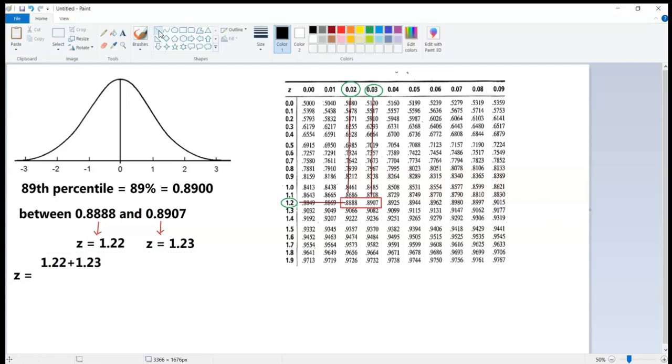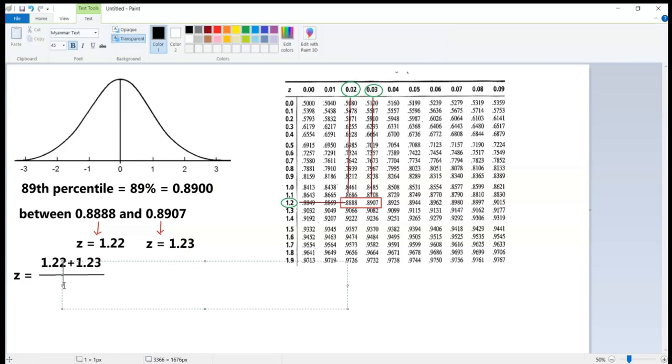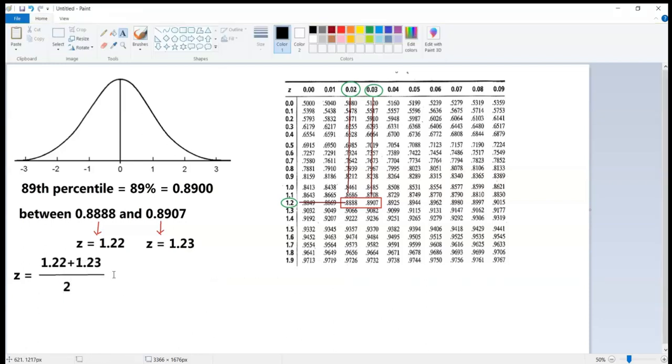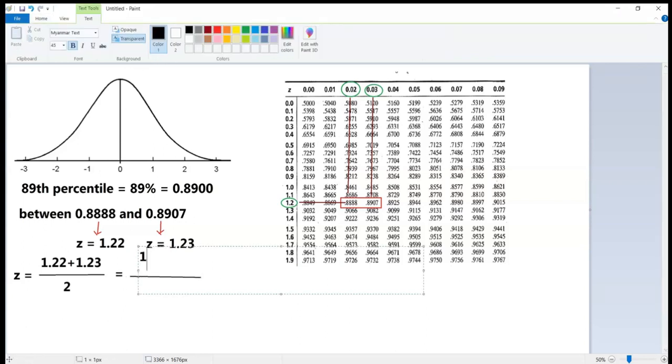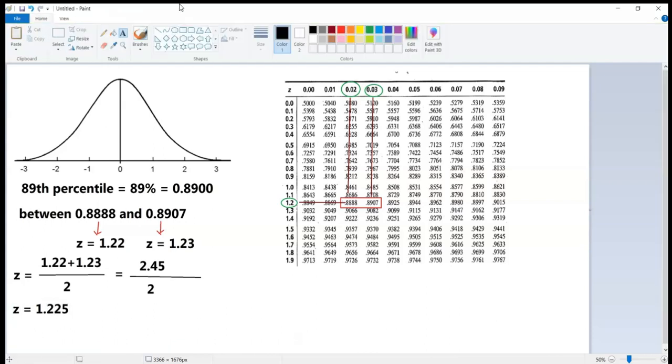We will just add 1.22 plus 1.23 and then divide it by 2. 1.22 plus 1.23 is equal to 2.45 over 2. Now let's simplify further. 2.45 divided by 2 is equal to 1.225. Hence, the 89th percentile is located at z equals 1.225.